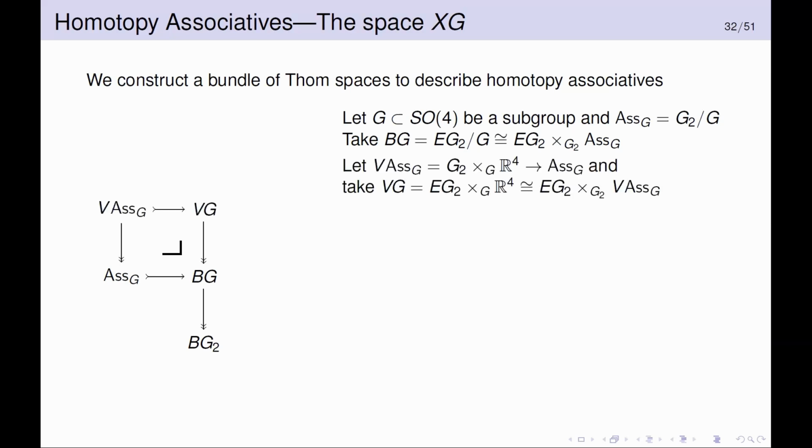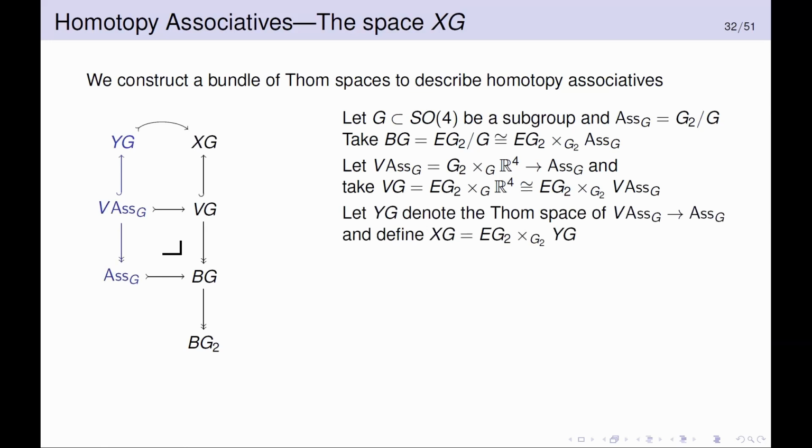And in the next step, we take the universal four-dimensional bundle over that. So since G is a subgroup of SO4, we take the standard representation of SO4 restricted to G and take the bundle associated with that. That also gives us a universal bundle over this associative space on the left.